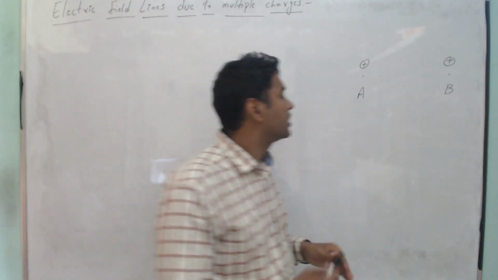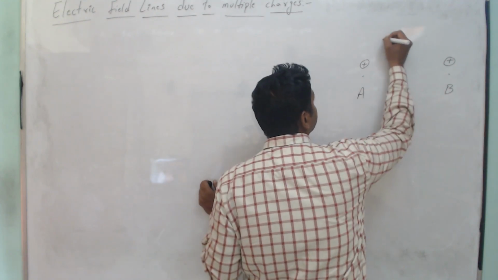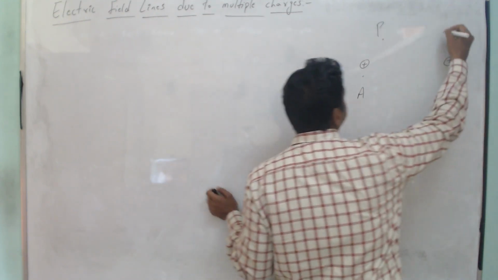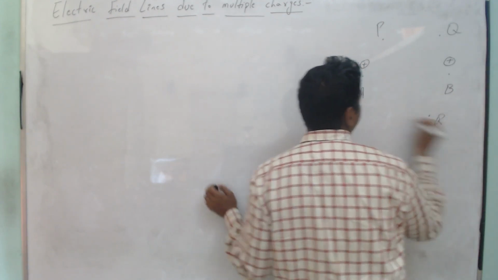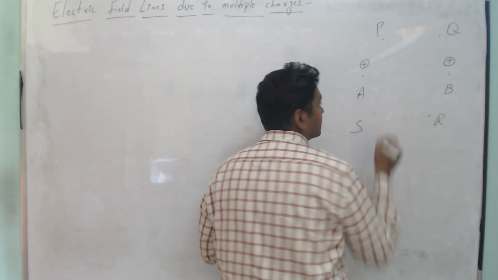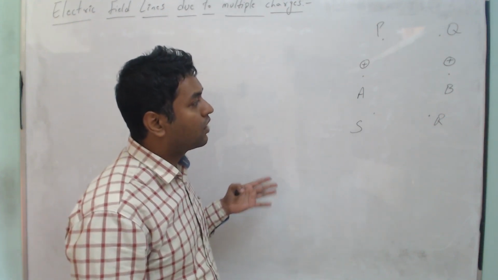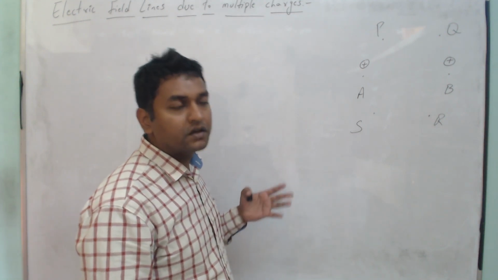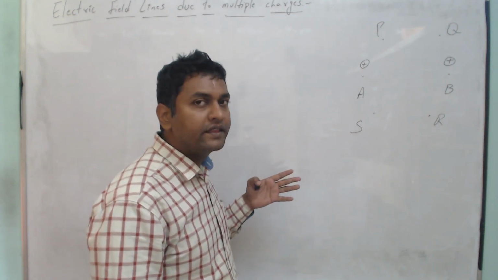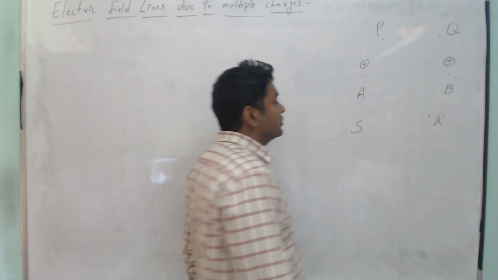So now understand this. The idea is I'll choose some random 4 points P, Q, R and S, and let us try to understand how the field lines at these 4 points are going to be directed, and then from there we can move forward. Okay, yes, sir.